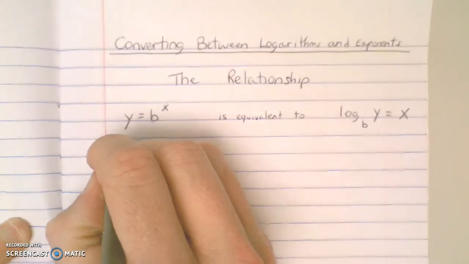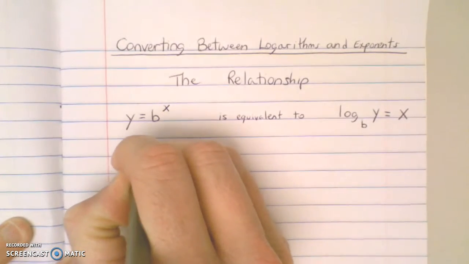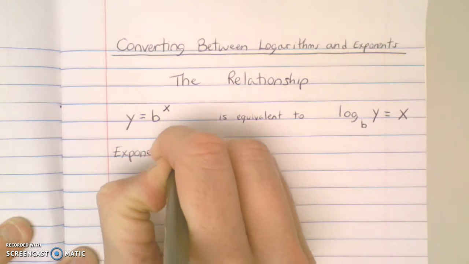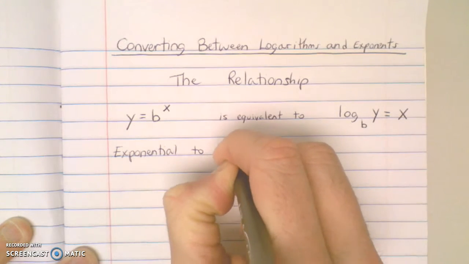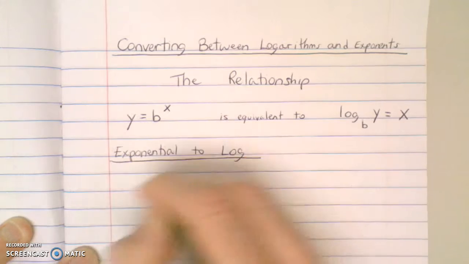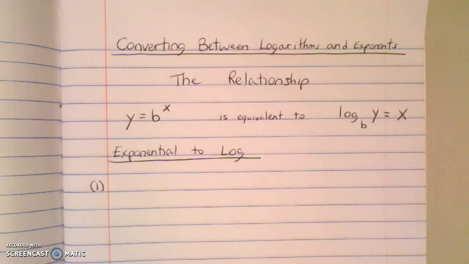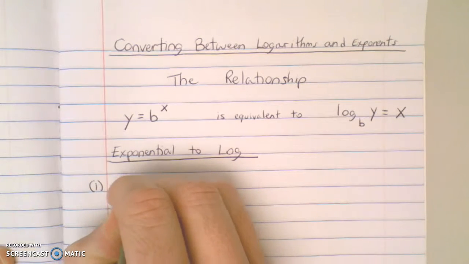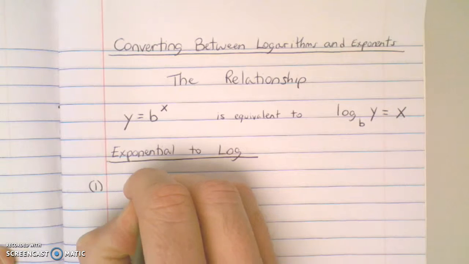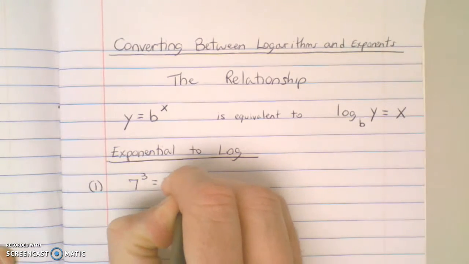So let's go from exponential to log. If I give you an equation that's in exponential form and I ask you to rewrite it in log form, here's what it's going to look like. So here's my equation. 7 to the third equals 343.